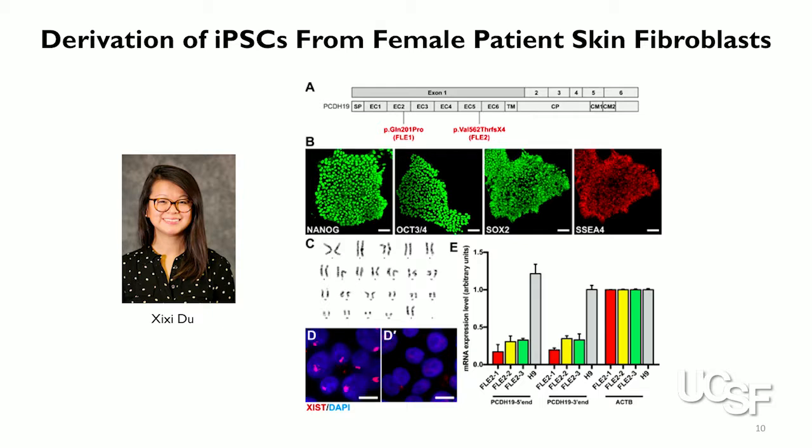All three lines show a great reduction of PCDH19 but still maintain PCDH19 expression. That means part of the population is PCDH19 wild type, and part is mutant, with loss of PCDH19 function.